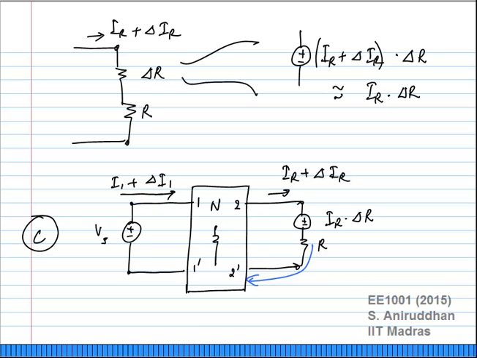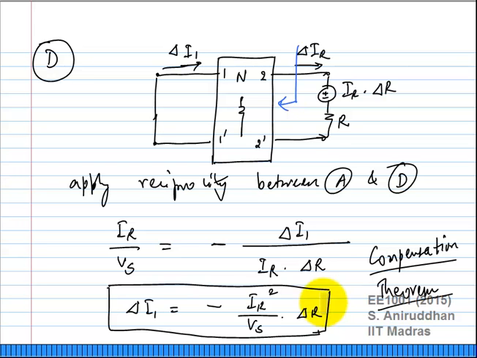You replace it using a voltage source equal to I(R plus delta R) times delta R, which is almost equal to IR times delta R. Now you have a linear 2-port which is excited by 2 sources, one at each port, and therefore you can use superposition and reciprocity to determine what this delta I1 would be. And we found out that delta I1 was minus IR squared by Vs times delta R.